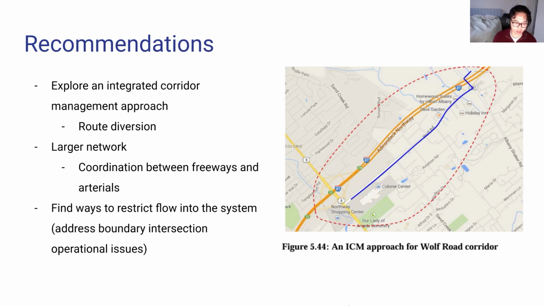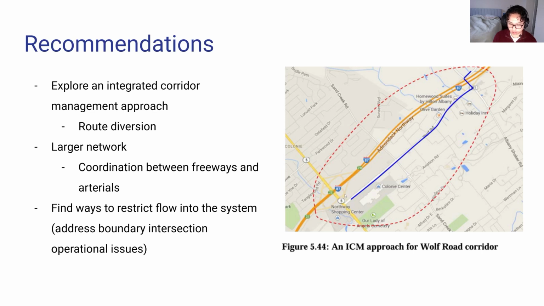This would hopefully address the boundary intersection operational issues that we saw at Albany Shaker. What they're basically suggesting is potentially to use this red dotted line as the boundary for the study instead of just this blue, which is what was used for this report.